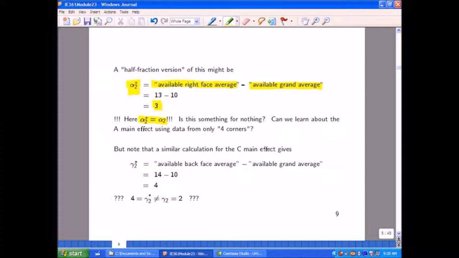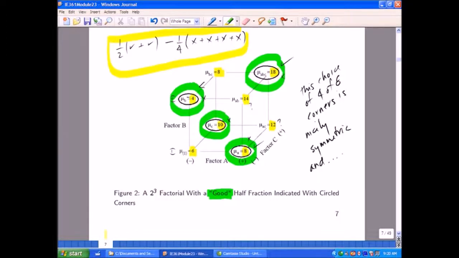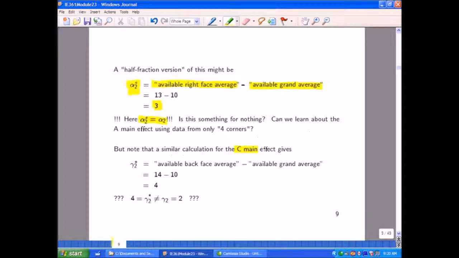Before I get too excited about that, though, let's try that same calculation for not the A main effect, but the C main effect. So I would be coming over here and taking the two guys on the back face that I know, the 18 and the 10, and taking their average, so 18 and 10 average to 14, and then subtracting the grand average, and 14 minus 10 is 4. That's what I've just done here.